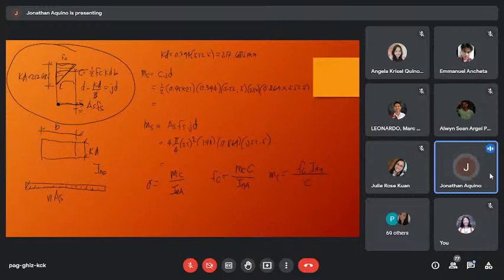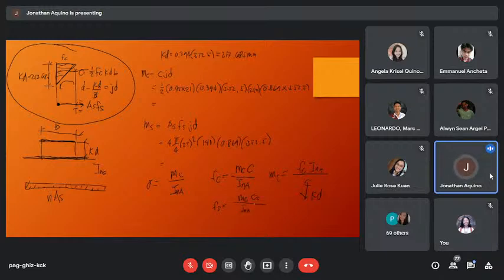So in this case, ang C is equal to, ito yung centroid natin, C is just simply equal to KD. So the distance from the centroid to the outermost fiber under consideration. Same true with FS. So FS is equal to MS times C, okay? C in steel divided by INA.